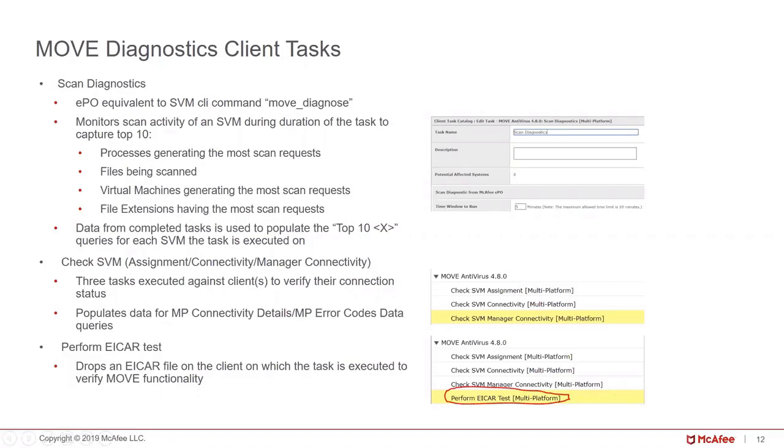It throws an event back up to EPO and populates those reports to get information on the health of those clients. And you can also perform an EICAR test through EPO, which simplifies this a bit. It basically just uses the client task mechanism to pull down an executable that then drops an EICAR on the system, and you'll see the threat event generated from MOVE and sent back up to EPO.